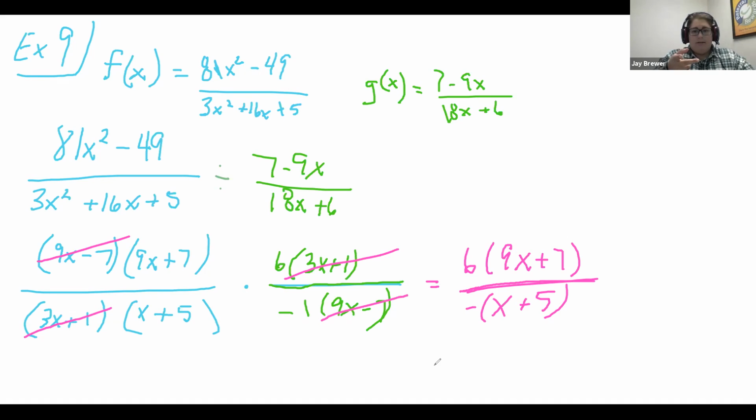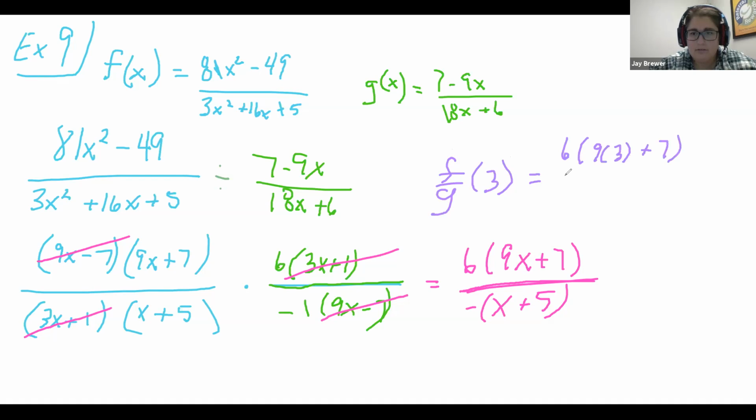The only thing we have left to do now is plug a 3 in here. So if we wanted to find f over g of 3, we're now going to plug a 3 in for each of these pieces. So 9 times 3 plus 7 over negative 3 plus 5.